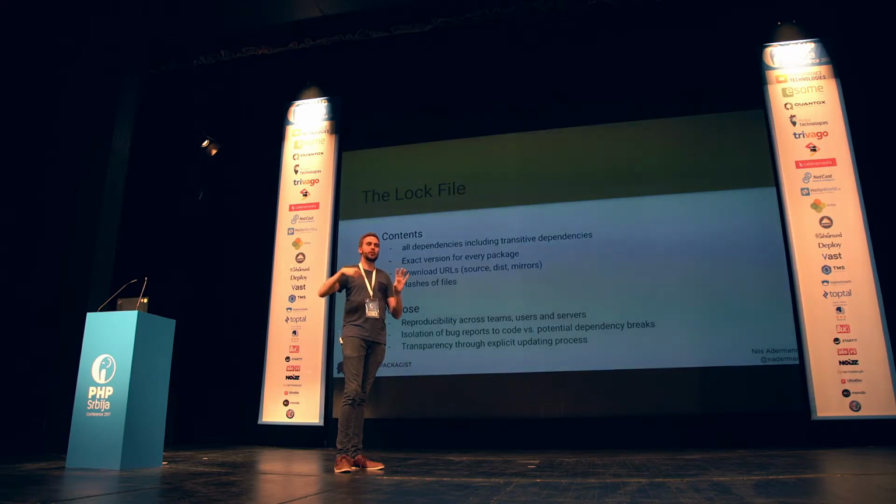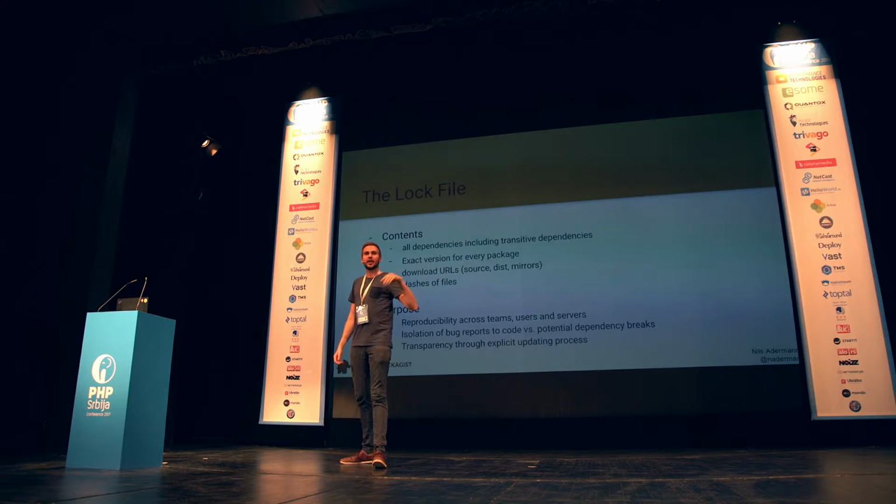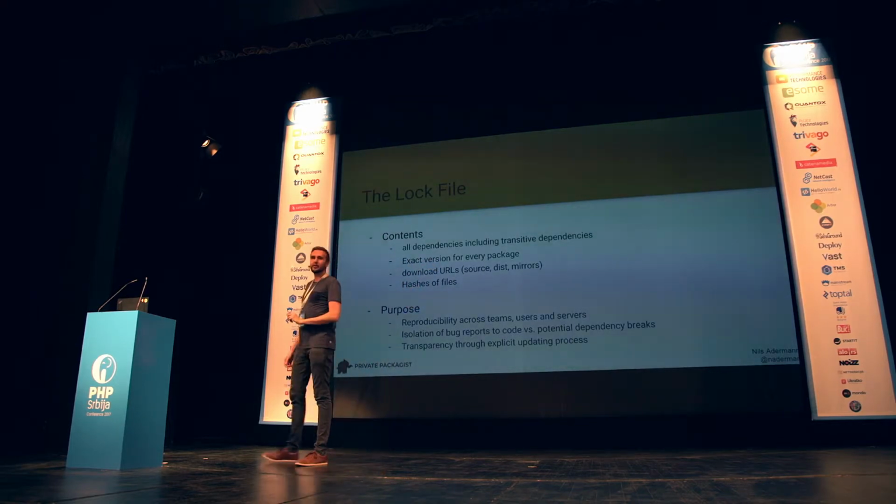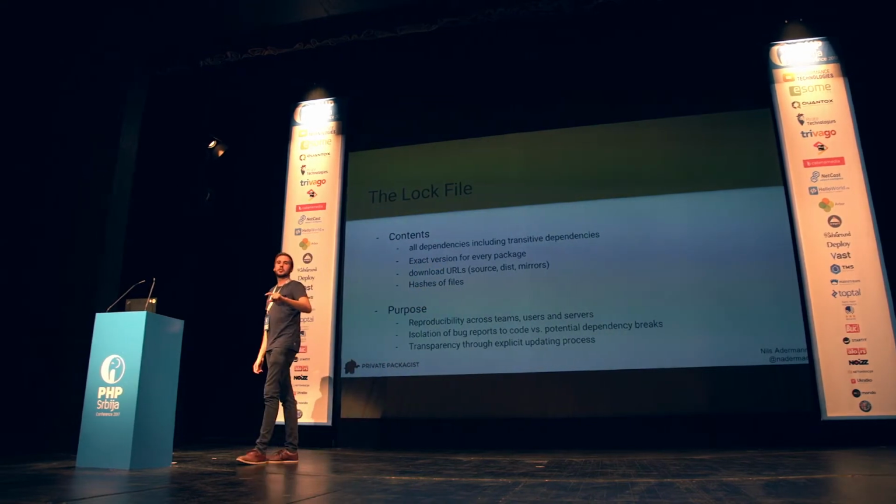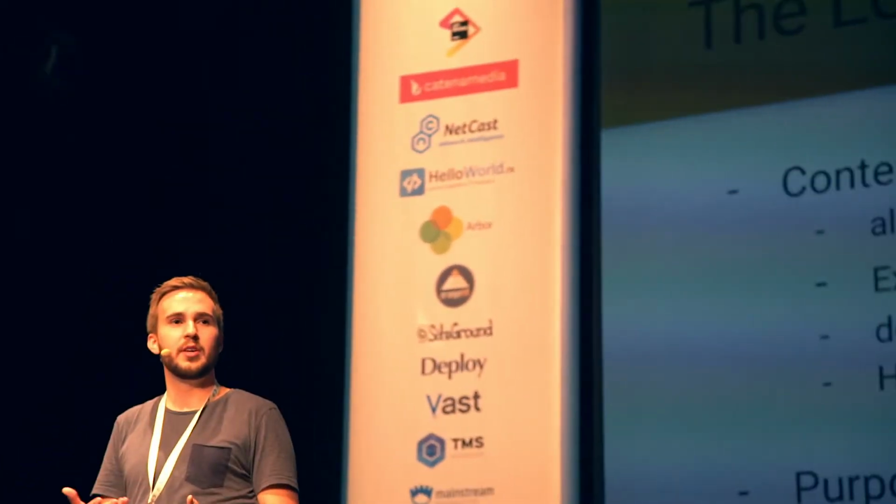Right? If you have a commit there that modifies the lock file, then you know that the other change that came after that now uses the API in a different way was because of that change in the lock file, the dependency update. So it makes the whole process a lot clearer to other people who are later reviewing your work. Which is why it's so important that you commit the lock file into your version control system.